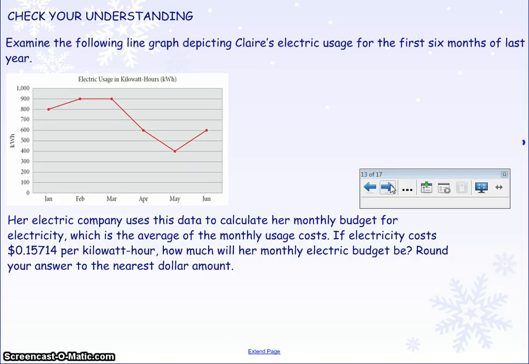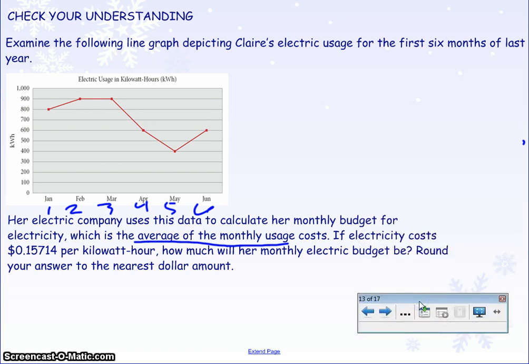All right, the first thing that you should have seen is that I need to find the monthly average. It tells us here it's the average of the monthly usage. So in order to do that, I'm looking at 1, 2, 3, 4, 5, 6 months, and I need to add them together and find the average or the mean. So the first month, January, she used 800 kilowatt hours.